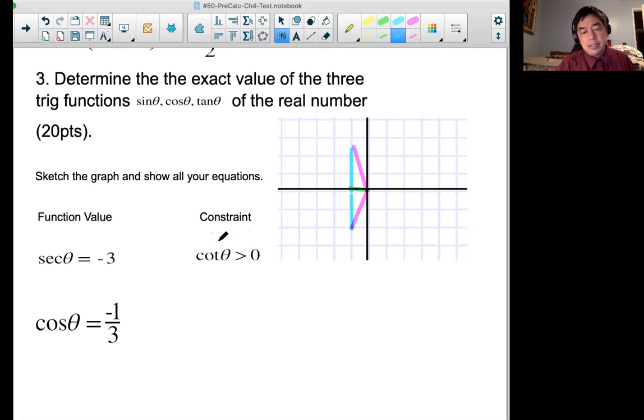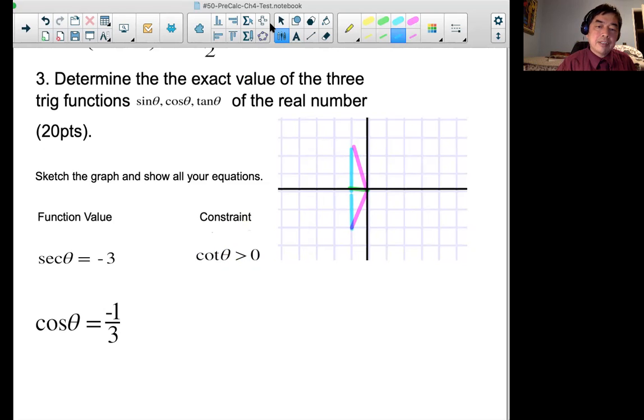A constraint is a condition that, if you keep this condition, one of them is going to be deleted. Cotangent theta is greater than 0.